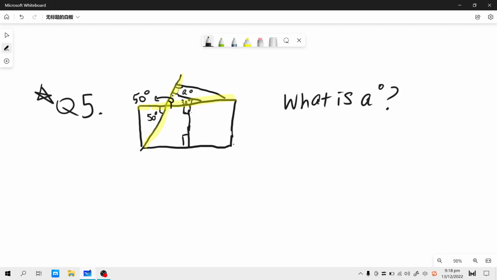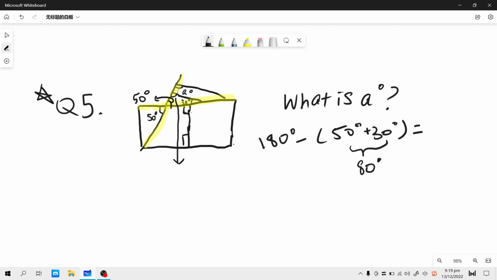So this angle over here, I just pull the angle out, equals 180 degrees minus bracket 50 plus 30, which is 80 degrees. So it's 100 degrees over here.